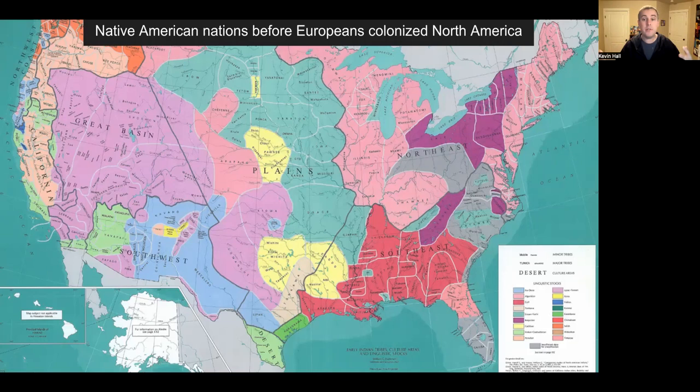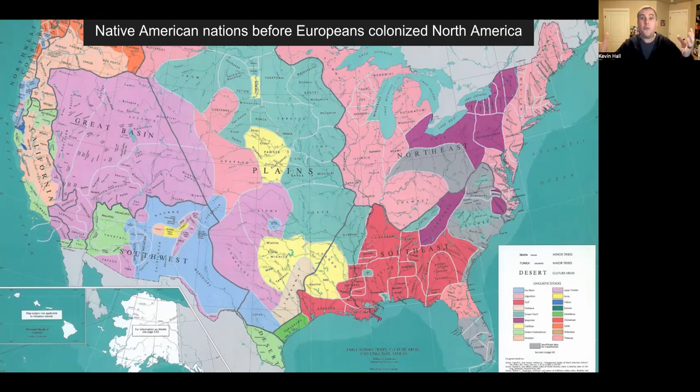There were hundreds or maybe even thousands of different Native American tribes, and each one had its own unique government, and each one claimed different regions of the United States as their own. Of course, they didn't call it the United States back then. They called it whatever they called it. So they called it the Iroquois Nation, or the Crow Nation, or the Yakima Nation, or the Blackfoot Nation.